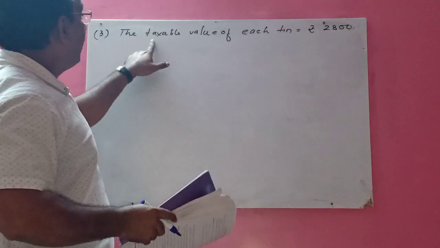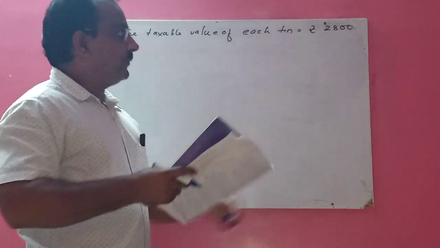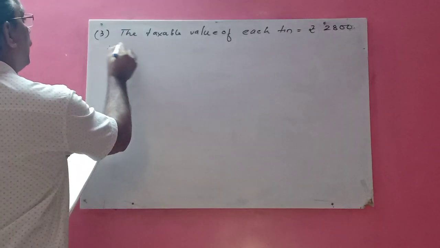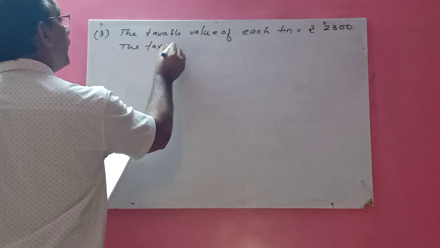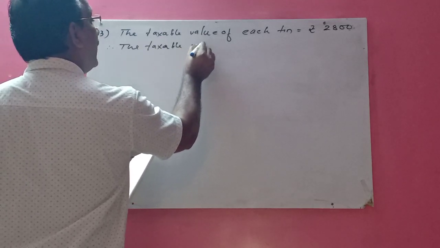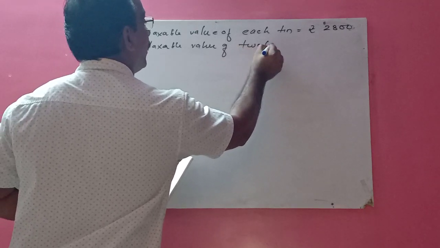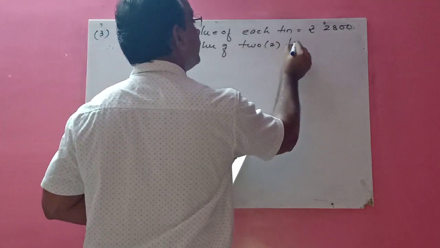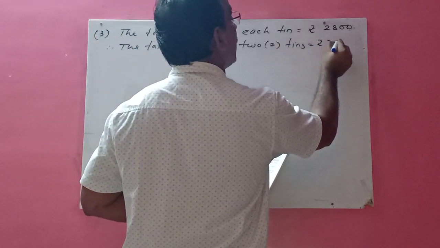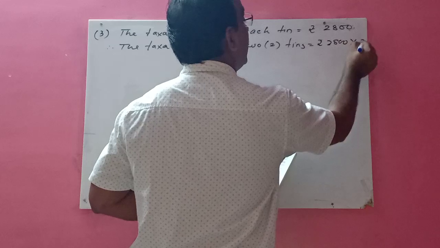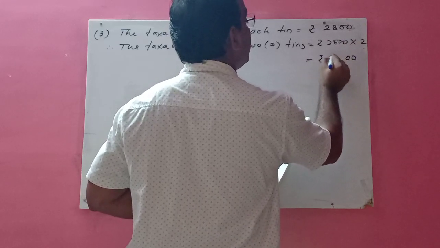The taxable value of each tin is given, children. So with the help of this you should calculate. Therefore the taxable value of 2 tins is how much? Rupees 2800 into 2, which is rupees 5600.